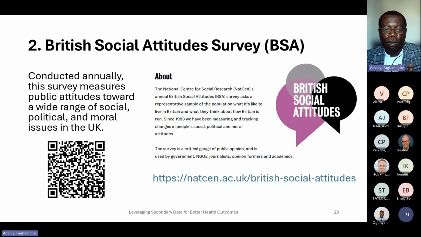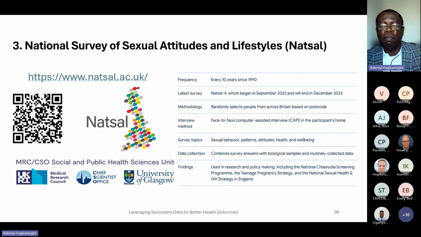This survey measures public attitudes. What makes it unique is that you don't go back to last year's participants. You can choose another set of participants, and the methodology is valid. It's equally good, and of course, people have used it to understand the dynamics in our social, political, and moral issues in the United Kingdom. This is a very popular survey, the NATSAL survey, which is a survey of sexual attitudes and lifestyles.